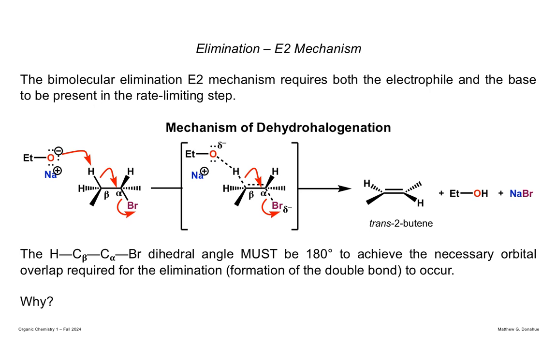So in terms of this happening, there's the anti-relationship between red and purple. So the base is going to come over here and see this hydrogen, so it'll abstract it. So now I'm going to rotate it this way. The electrons in this sigma bond have to go somewhere.